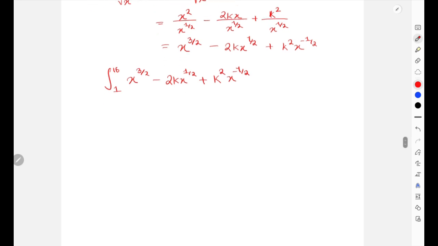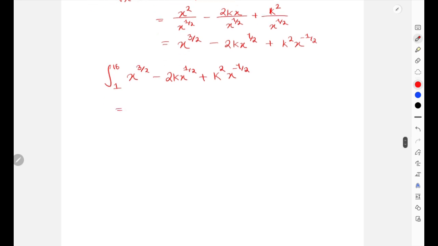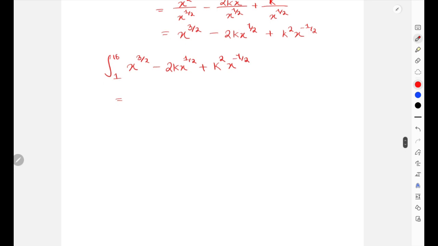So from this part, if I do integration, this will be 3 by 2 coming in front. Wait, one minute. Instead of 3 by 2, it will be 3 by 2 plus 1, right? So this is going to be 5 by 2 at the end, so this will be divided by 5 by 2. Similarly, over here, you have 2k x power 1 by 2 plus 1.